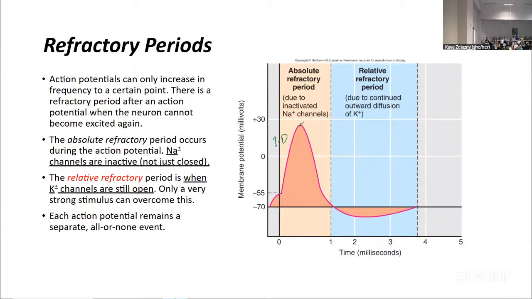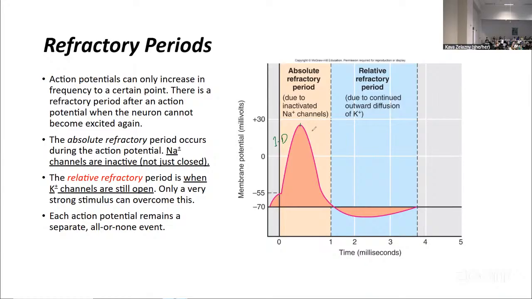If we wanted to fire off a second action potential, there's nothing more you can do. You're already opening the sodium channels. If you send another stimulus, those channels are already opening. We already have this domino effect going. There's no way to increase this effect during that depolarization phase.